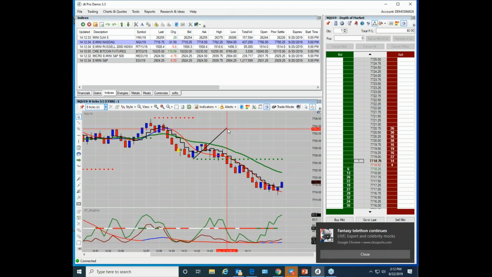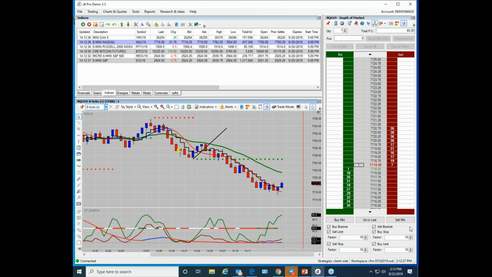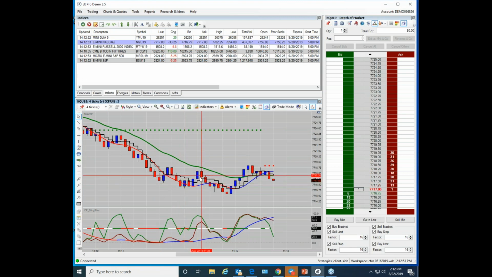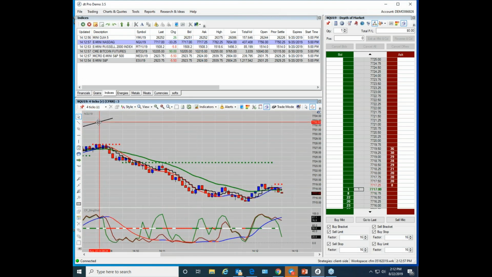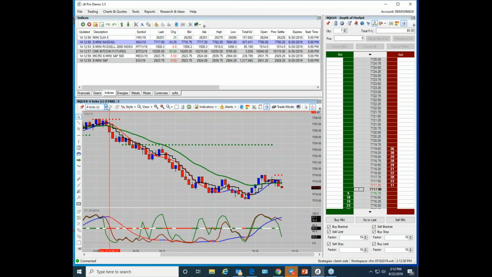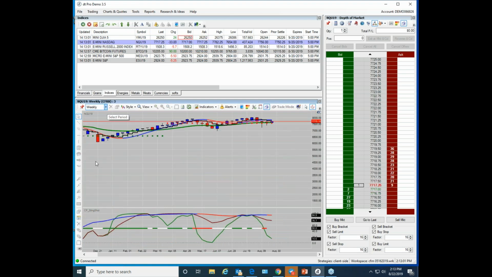So the only thing that changes is that your buy stop and your sell stop is not 8 ticks, it's now 16. You have to double it up because you doubled up the time frame. So this nonsense of trying to trade this one on a 4-tick range, you can really put it in first gear, maybe second gear on an 8-tick range chart.